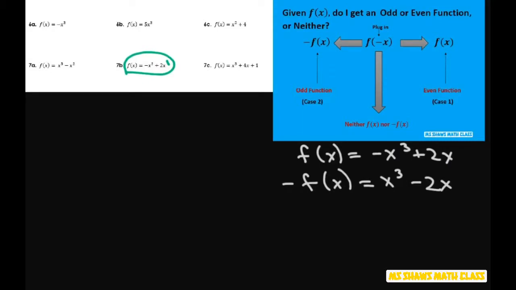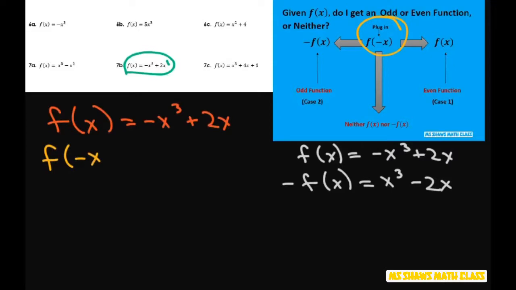All right. Now we'll just do our little test. Let's plug in negative x, which is our test. So I'm going to write this equation down, and then I'm going to dump in my negative x. So 3 negatives make a negative.